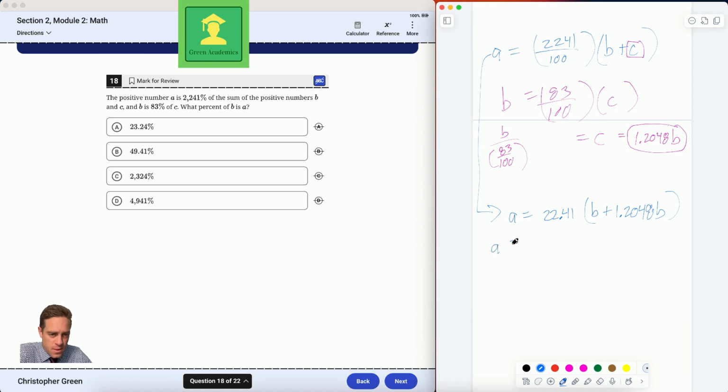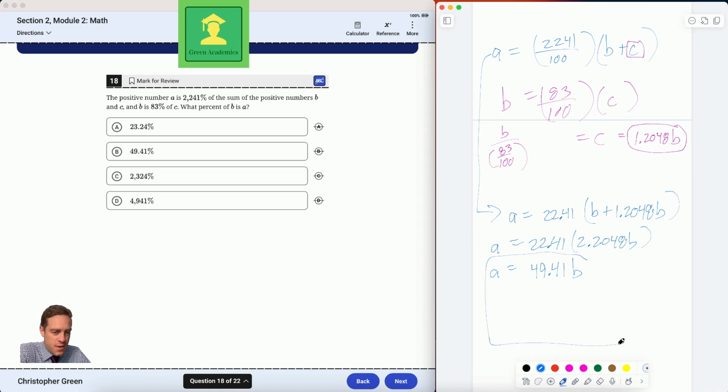So that's 22.41 times 2.2048 b. So a is 49.41 times b. What percent of b is a?